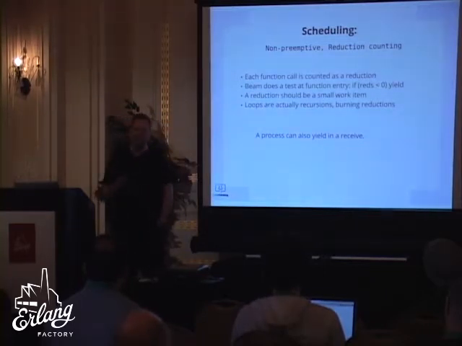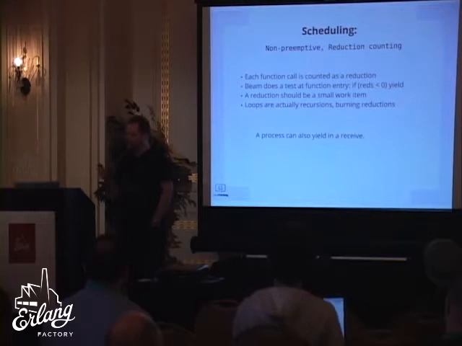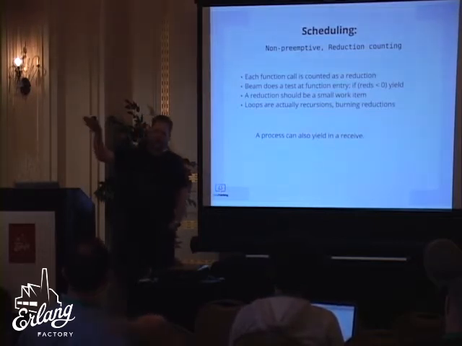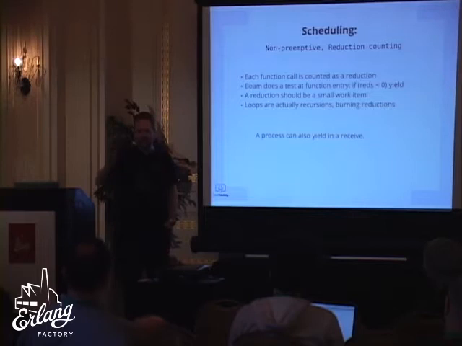So every function call is counted as a reduction. So when you enter a new function, Beam checks, have I used up all the reductions that were available for this process? If yes, then it will have to yield. Otherwise, it keeps on running.